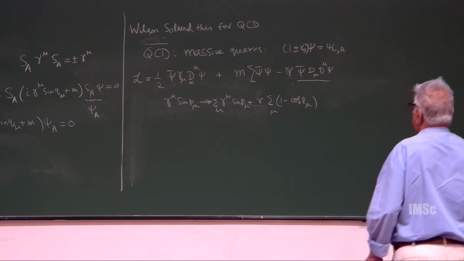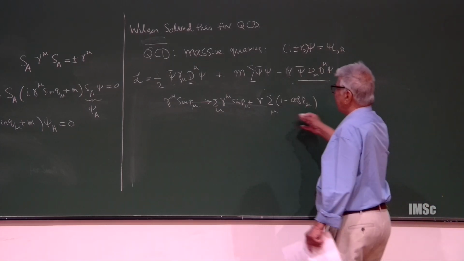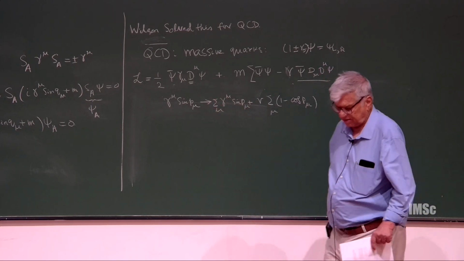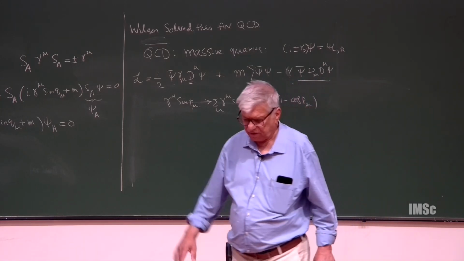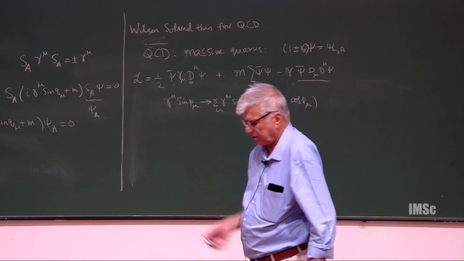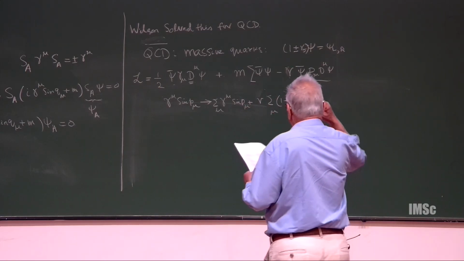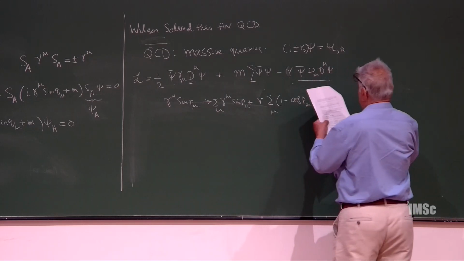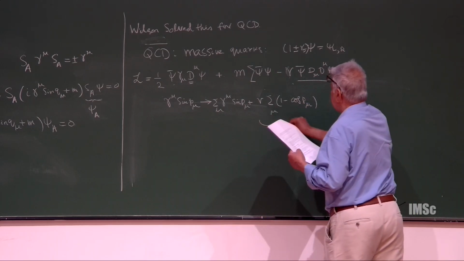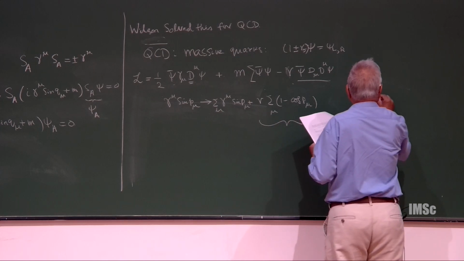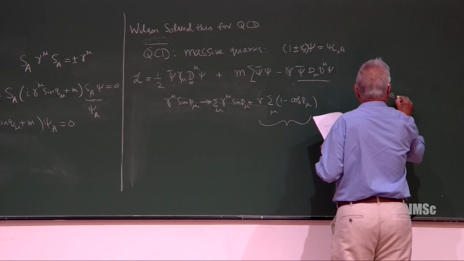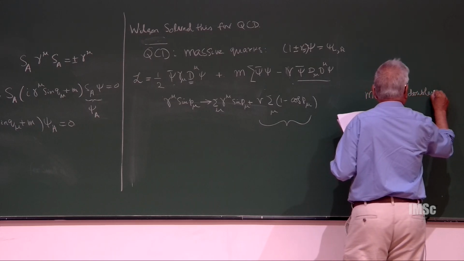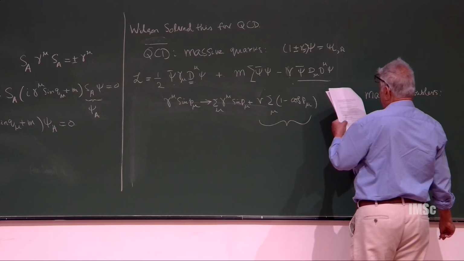Now you examine what happens when p is close to π, and what you will find is that the effect of this is to give masses to the doublers. What kind of masses do you give?